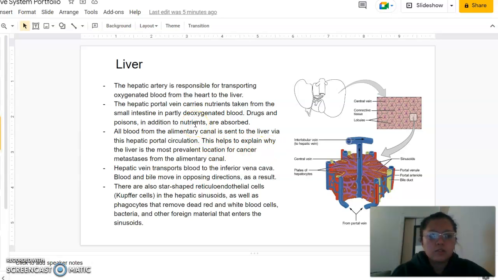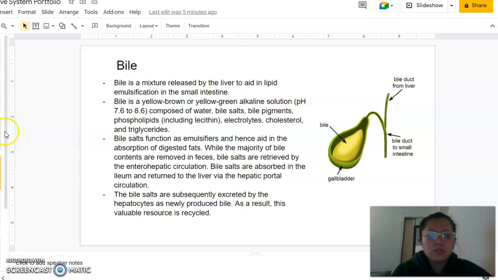Okay, let's talk about bile. Bile is a mixture secreted by the liver to accomplish the emulsification of lipids in the small intestine. Bile, as you can see, is a yellow, brown, or yellow-green alkaline solution with a pH of 7.6 to 8.6.